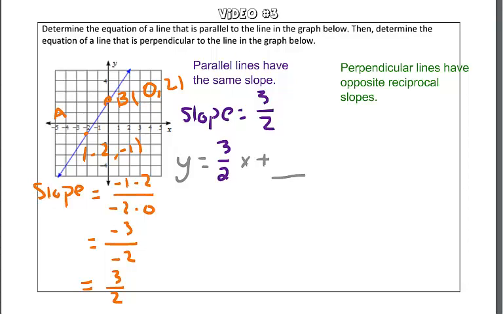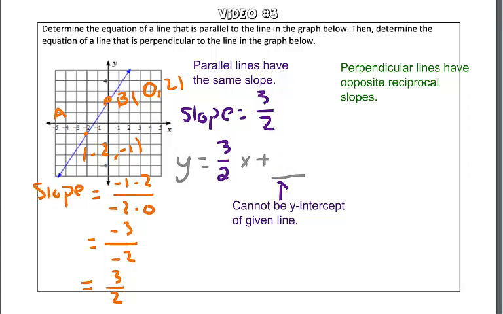This number can be any number as long as it is not the y-intercept of the current line. The reason this number cannot be the y-intercept of the given line is if it was, it would be the exact same line. So they would no longer be parallel, they'd be the same line. So for example, I can say the equation of a line would be y equals 3/2 x plus 6.